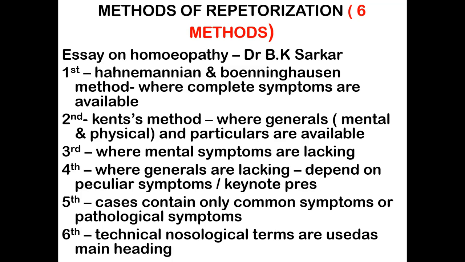So many times the question is that complete symptoms were first given by, or broadly used by, Master Hahnemann, Master Boenninghausen, Master Kent, or Boger, both of them, none of them. So it's important that we go through these methods of repertorization. In Kent's method, there are generals, mental as well as physical, and particulars available.